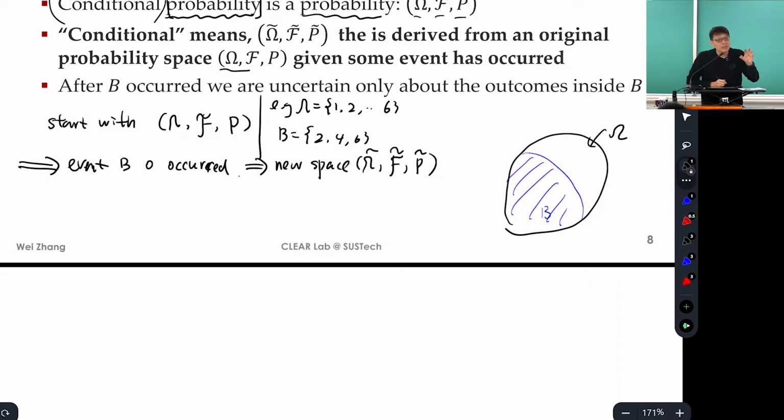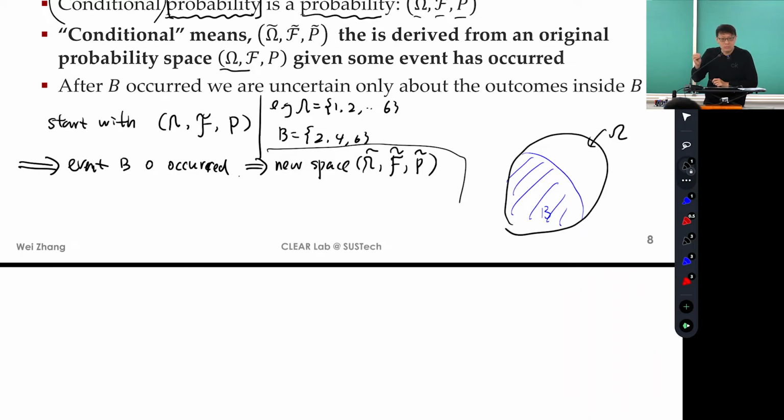You see an even number as an outcome. So someone tosses a die, and someone sees the true outcome and tells you, okay, it is an even number. That's almost like a hint. It's still random, right? You still don't know which even number it is.